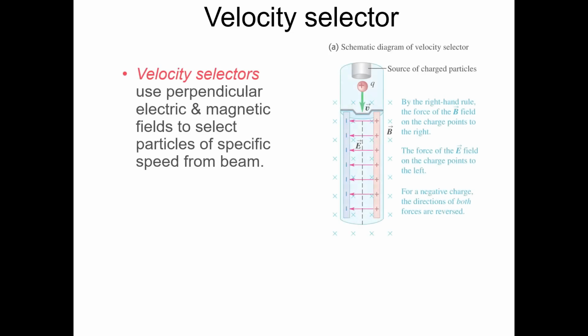So if I want to do research on charged particles, I want to know that the charged particles I'm doing research on are moving at a particular velocity. So some really clever people designed a really simple device to make sure that only electrons of a particular velocity can get through. Velocity selectors are a combination of electric and magnetic fields.